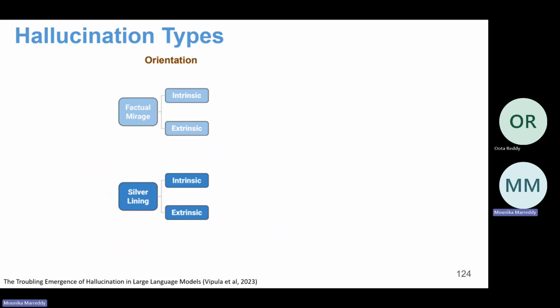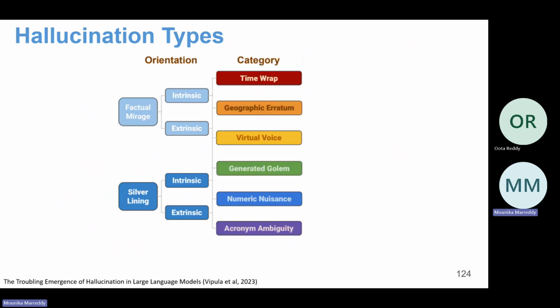The 2 primary orientations of hallucinations are factual mirage and silver lining. These 2 orientations are classified into 2 types, intrinsic as well as extrinsic. And these are further classified into 6 categories: time wrap, geographic, erratum, and so on up to acronym ambiguity.